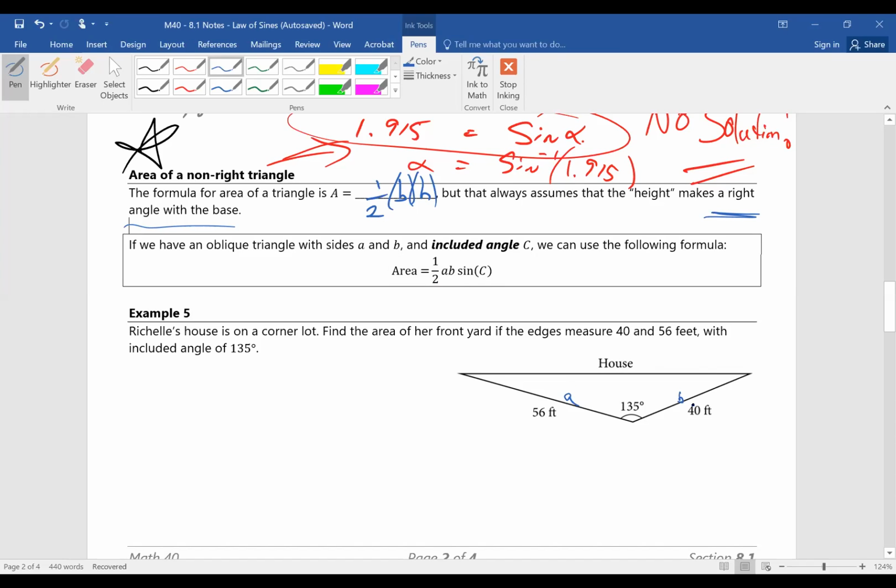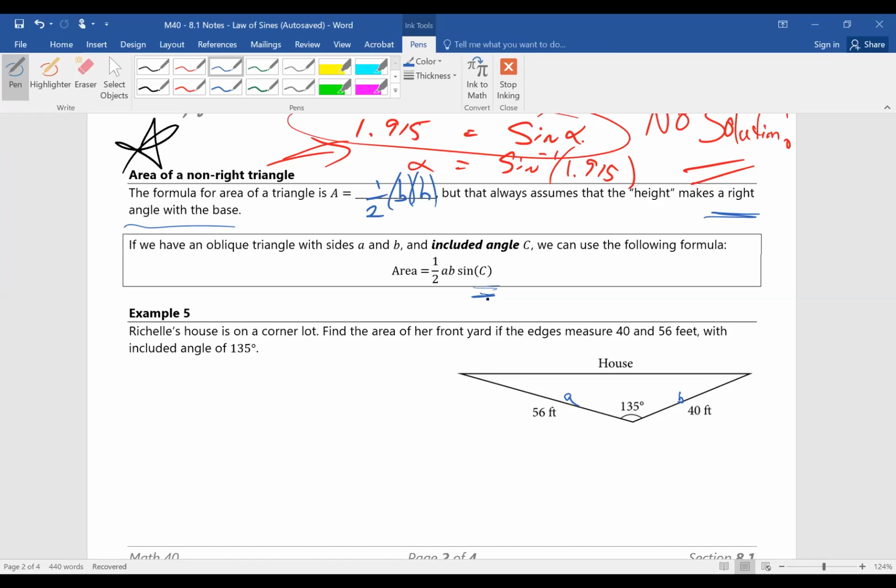However, an included angle has to be between the two sides, right? So the included angle has to be here for part C. That's the only prereq for using a triangle that's not 90 degrees. So this formula now can get the area of just about any triangular shape.